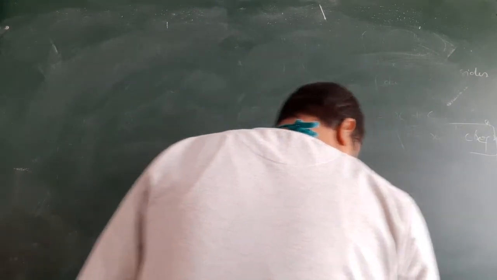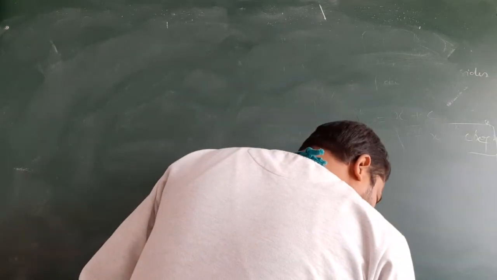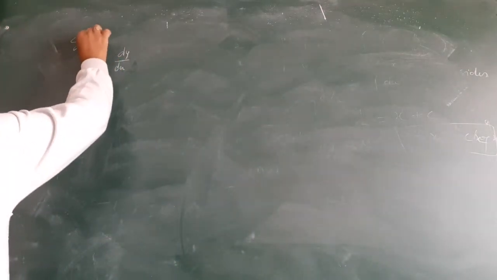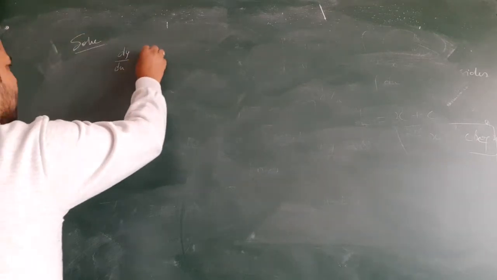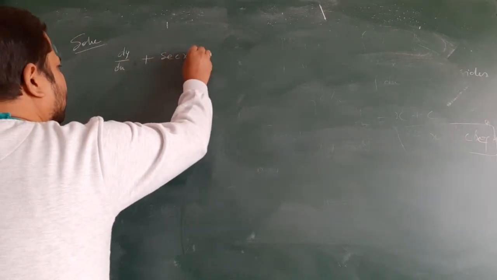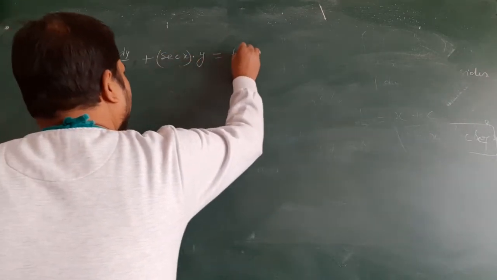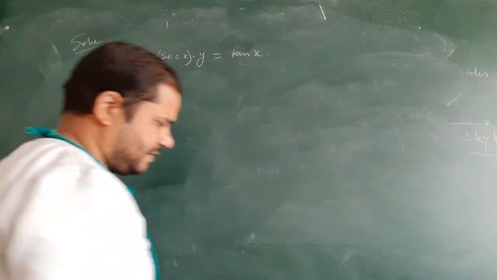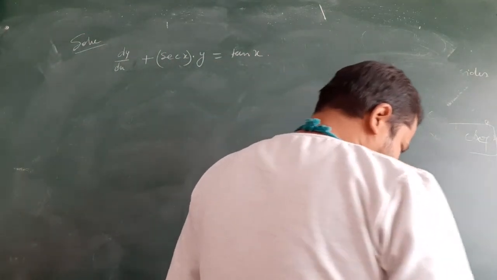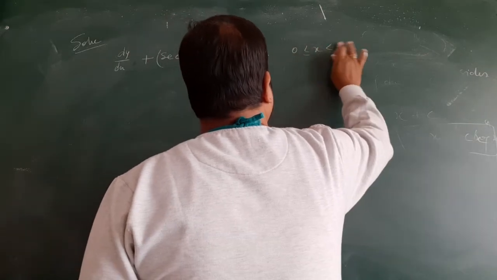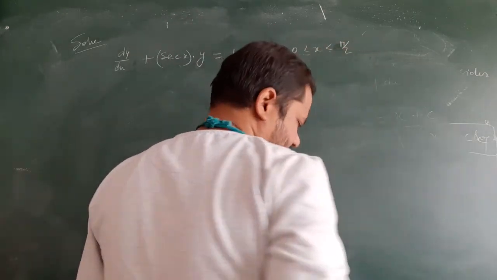solve dy by dx plus sec x into y is equal to tan x. Solve this differential equation: dy by dx plus sec x into y is equal to tan x, where 0 is less than or equal to x is less than pi by 2.